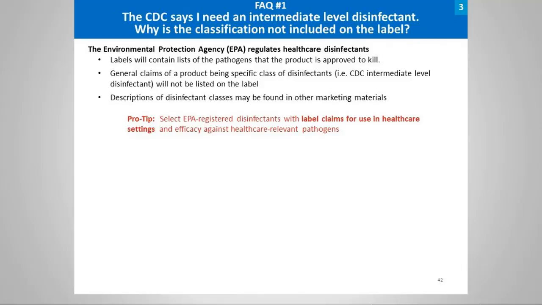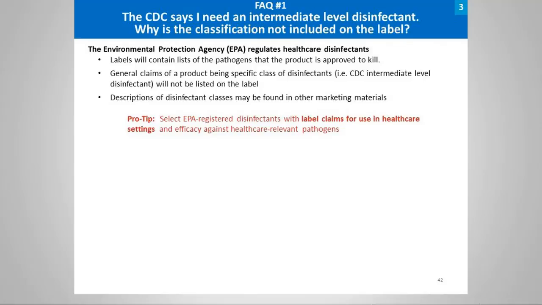The CDC says I need an intermediate level disinfectant. You'll see this question often: why is that classification not included on the label? Well, first of all, the EPA regulates healthcare disinfectants. Labels will contain lists of pathogens that the product is approved to kill, and general claims of the product being a specific class of disinfectant will not be listed on the label.